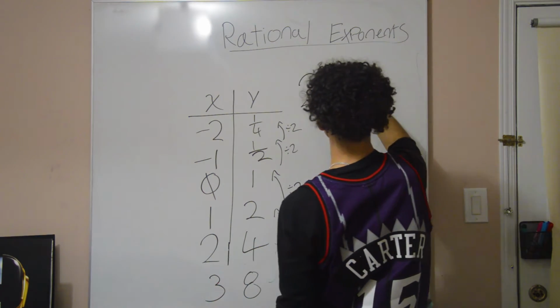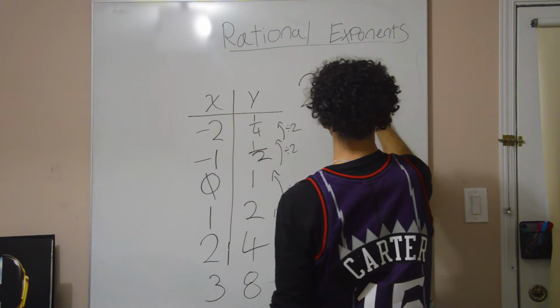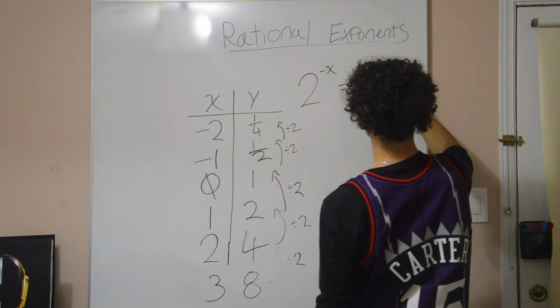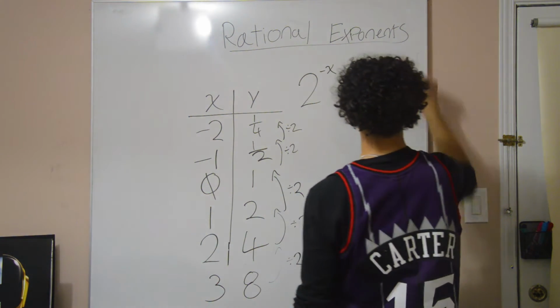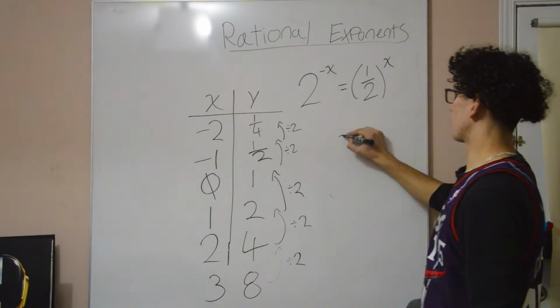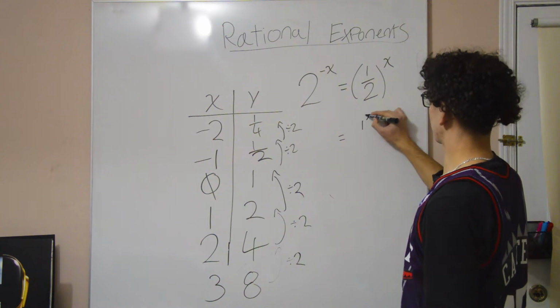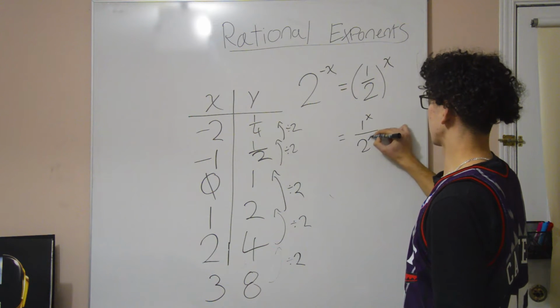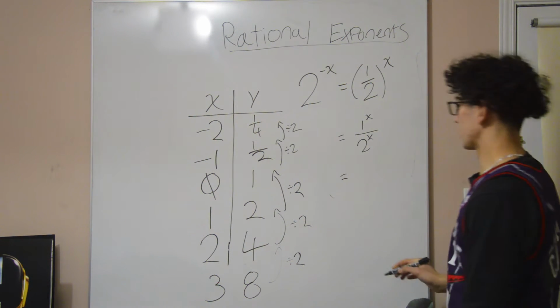If we have 2 to the negative x, it just becomes 1 over 2 to the positive x, just like that. And then from the previous rule, the x just gets put through, so it's 1 to the power of x over 2 to the power of x.